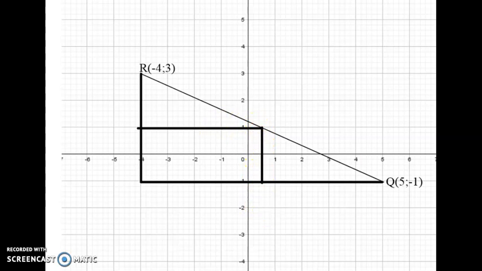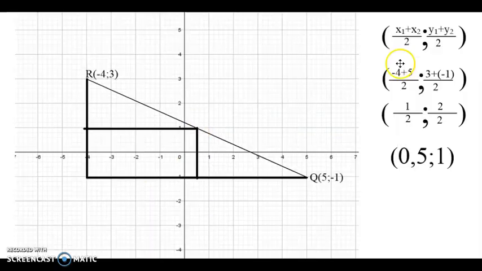So let's look at the information that is here and see how we calculate that coordinate with an algebraic approach. So I say I must find the average of the two x values, and I must find the average of the two y values. So the x values are minus 4 and 5. Add them together, I get positive 1.